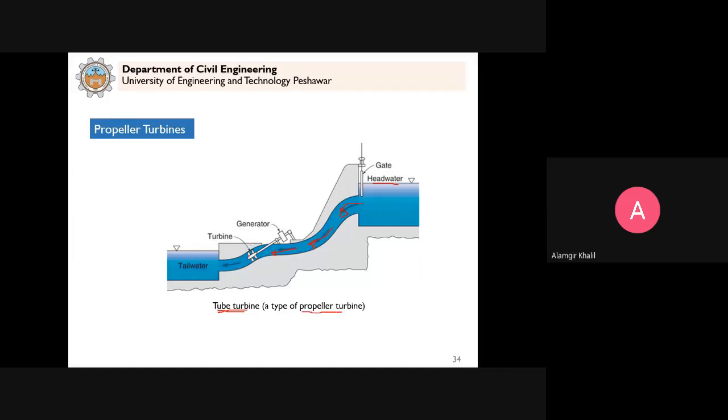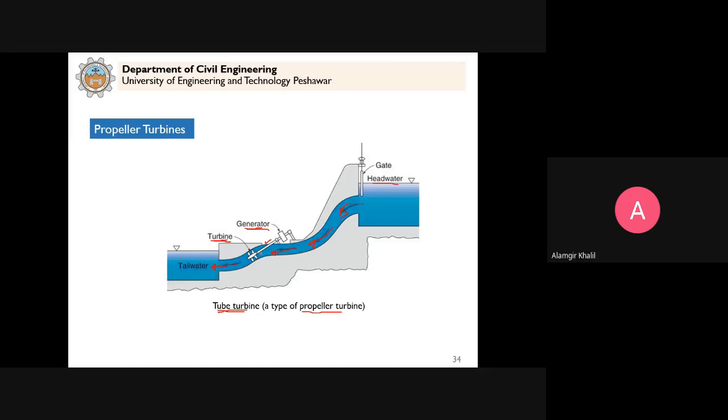You see the flow is parallel to the axis of rotation, and then the water will join the tail race. As this turbine rotates, it will rotate the shaft of this generator, and hydraulic energy is converted into rotating shaft mechanical energy by the turbine, and then the generator will convert this mechanical energy into electrical energy.